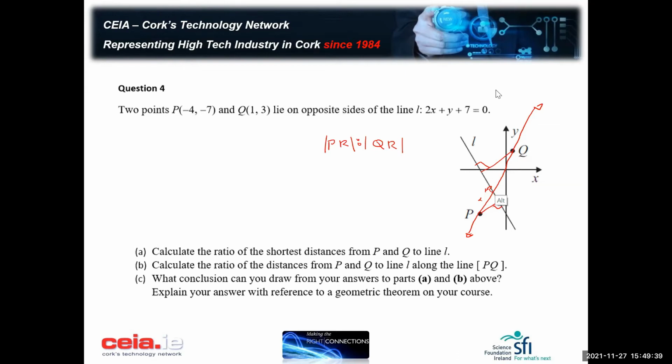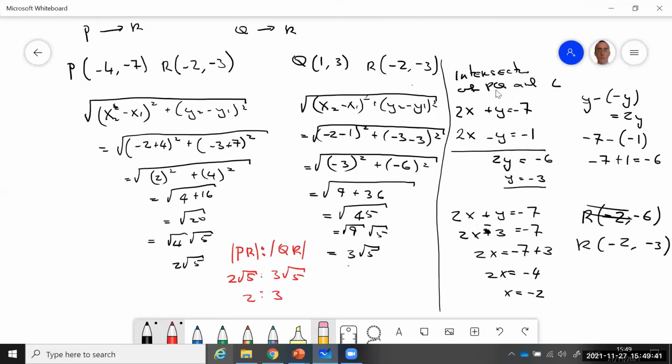So if I just draw out that diagram a little more clearly.